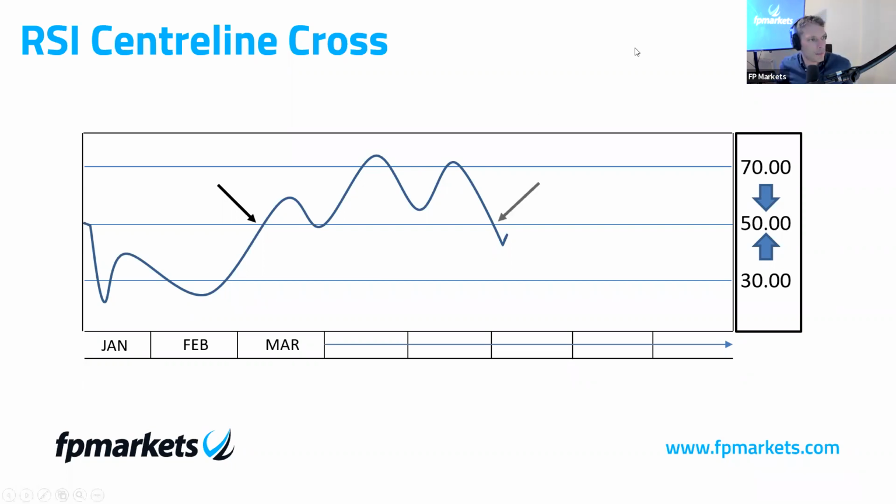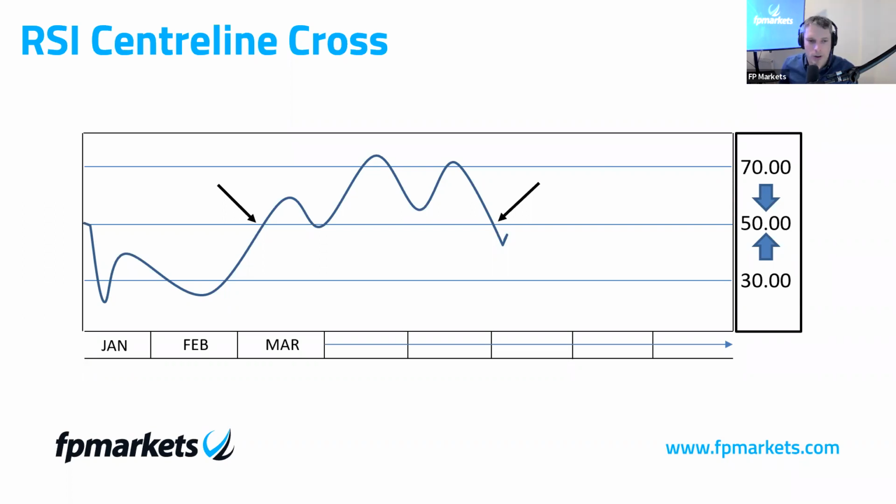So if we just click back to this arrow, a falling centerline crossover takes shape when the RSI value elbows below the 50 center line in the direction of the 30 oversold threshold. Coming below the 50 center line, of course, informs us that average losses are now exceeding average gains.